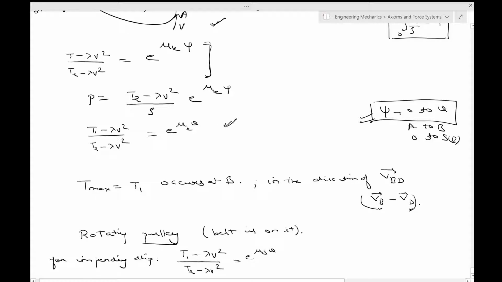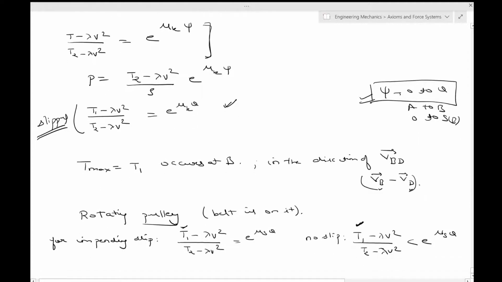You can see why I have replaced mu k by mu s. And clearly for the no slip condition this will be T1 minus lambda v square by T2 minus lambda v square less than e to the power of mu s theta. So here I have replaced T by the maximum tension, which is T1, and clearly the earlier case is for slipping, so I have not written that separately. So for slipping, for impending slip, and for no slip, all three conditions are written. So this is 2.75.